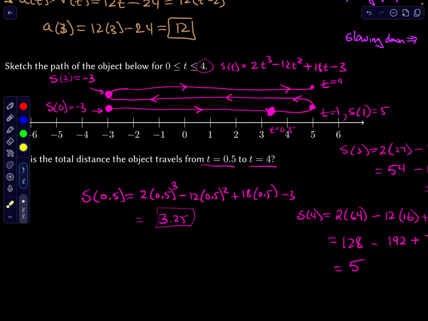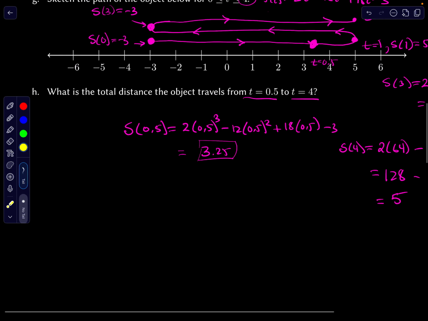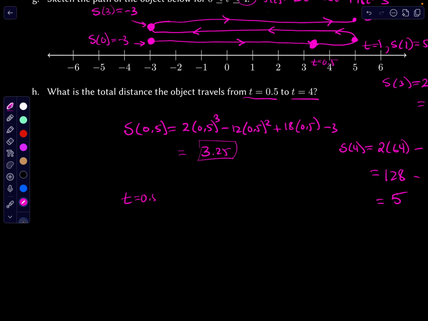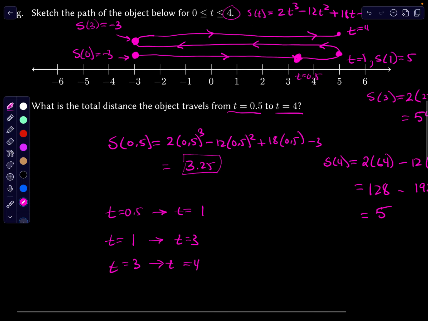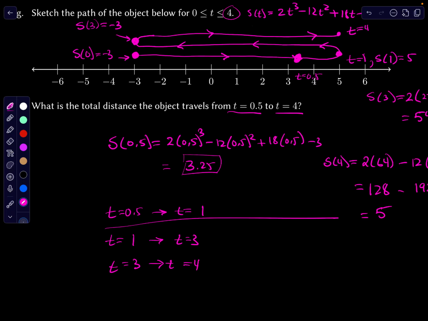So maybe I'll just write this down to emphasize this: you go from t equals 0.5 to t equals 1, then t equals 1 to t equals 3, and then t equals 3 to t equals 4. And here we go, so this is the distance.